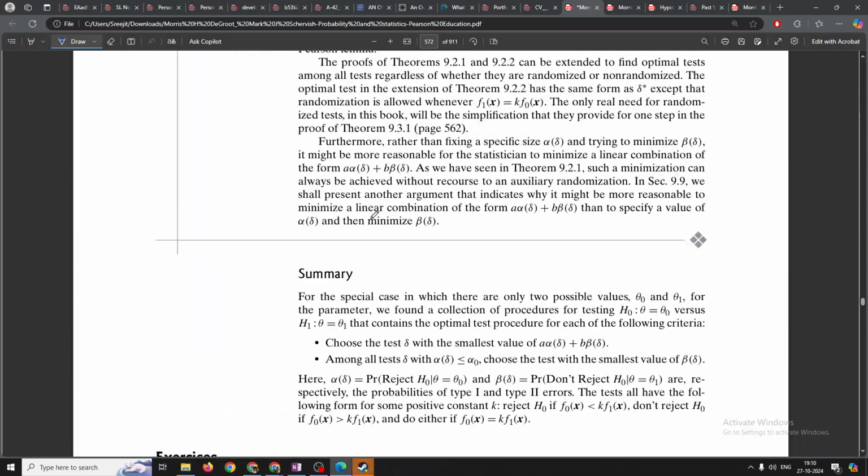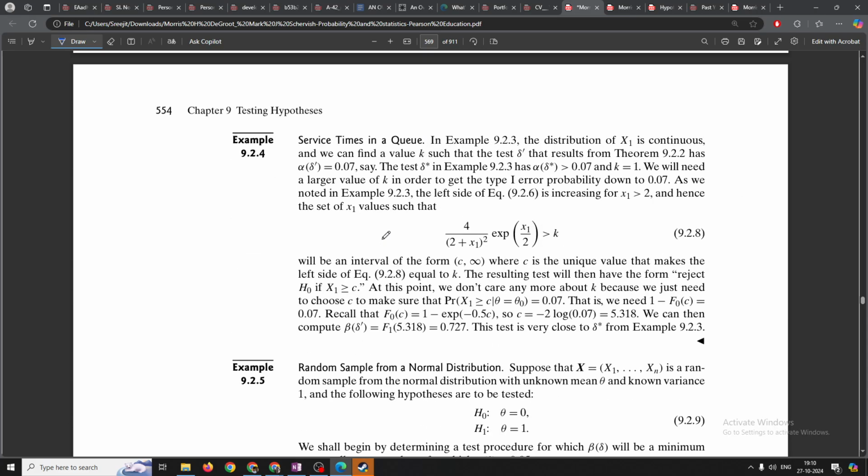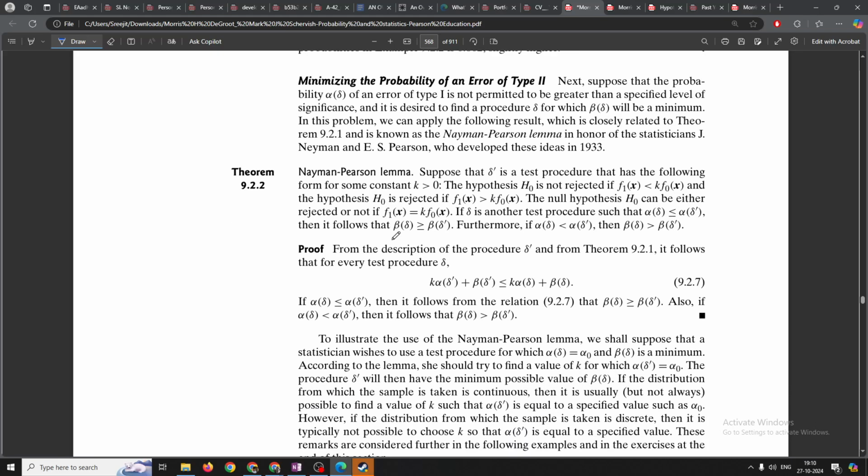This is 9.3, where did 9.2 go? Right, so this is the Neyman-Pearson lemma.